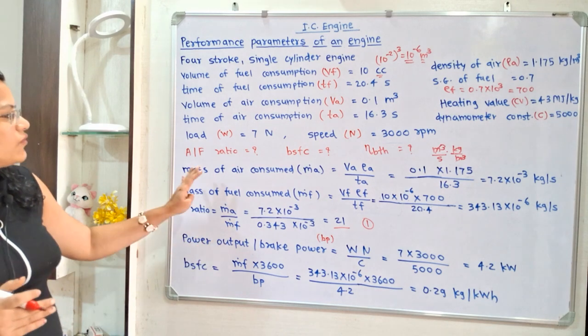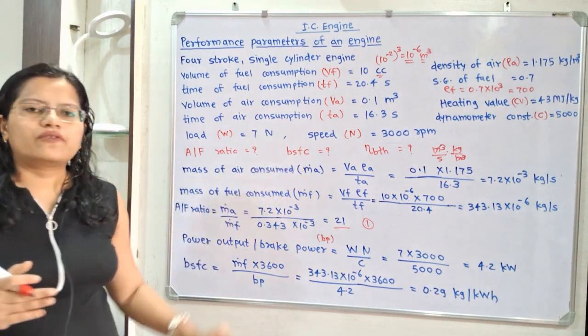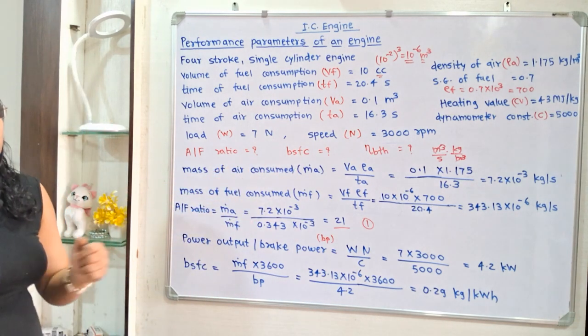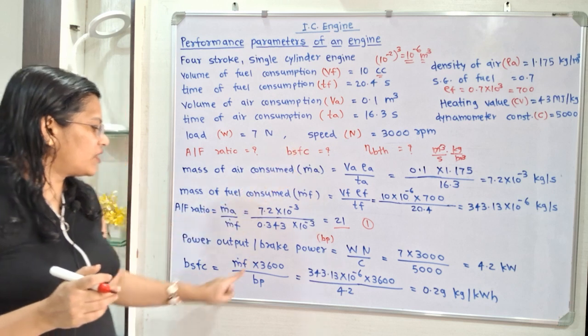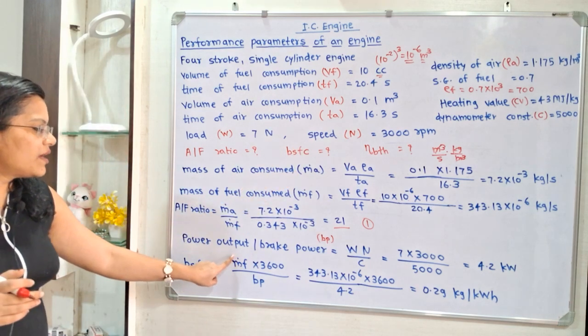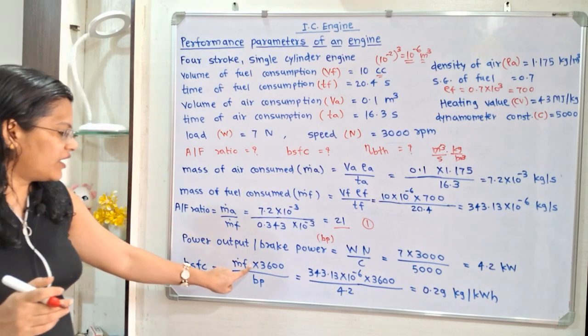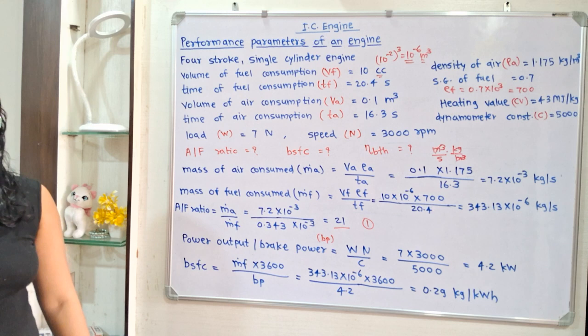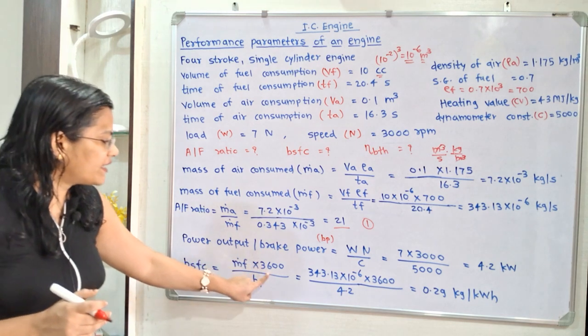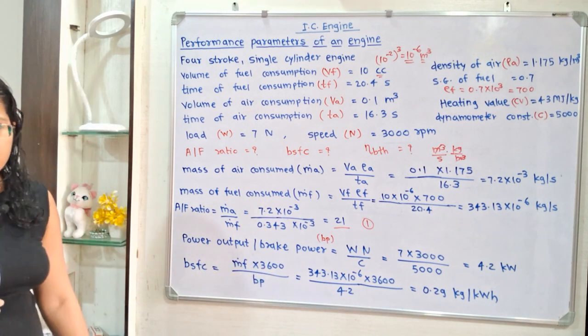Now we have to find out brake specific fuel consumption. So what is its formula? BSFC, brake specific fuel consumption, we have to take mass flow rate of the fuel multiplied by 3600 divided by brake power. Now why take here 3600?